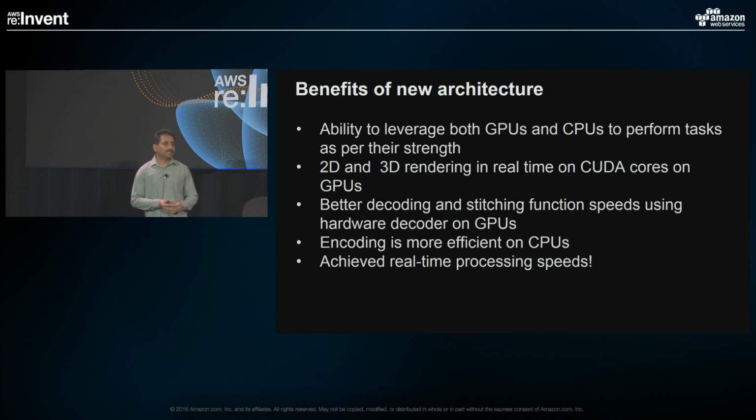So overall, to summarize the benefits of the new architecture, you need to leverage the strengths of GPUs and CPUs as per their capabilities. As I was explaining before, 2D and 3D rendering fits the bill perfectly for GPUs. Encoding is doing well on CPUs. So with that, I'll turn it back to Christian for some demos. Thank you.